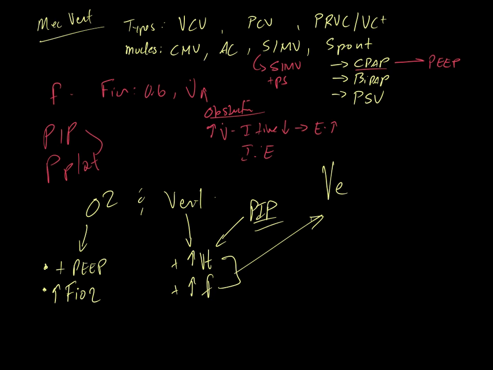Okay, and then both of these go into a concept known as the VE, which is minute ventilation, right? And generally, your minute ventilation is going to roughly equal your cardiac output, right? And that is a concept known as VQ, ventilation perfusion matching, right? And in general, it's about 0.8, 80%, right? And we know that you can have situations where you have more ventilation than perfusion, like a pulmonary embolism would be the classic example, right?